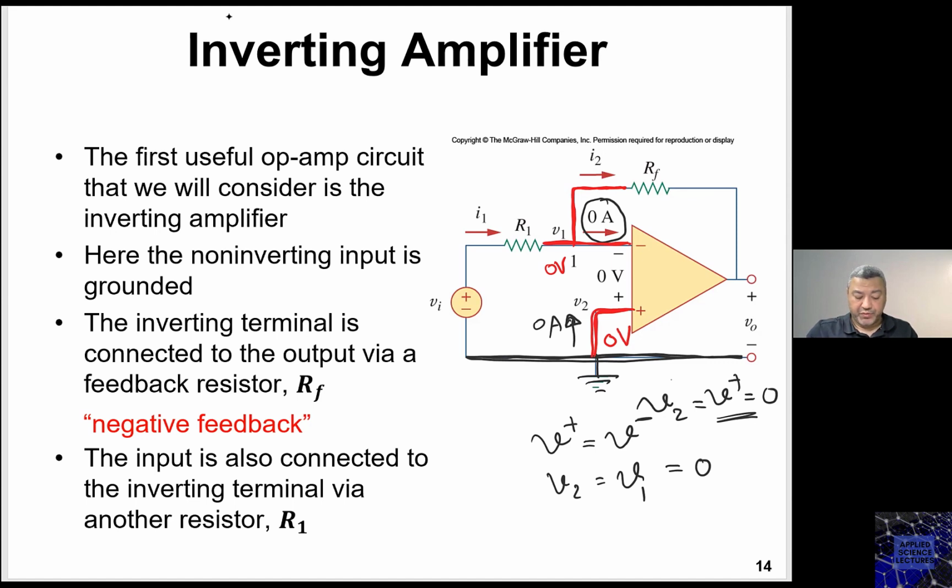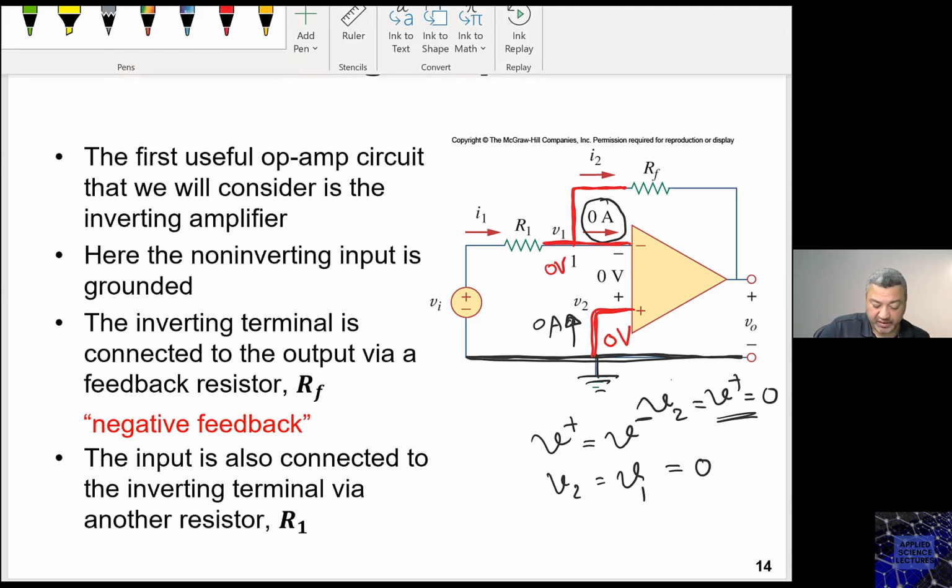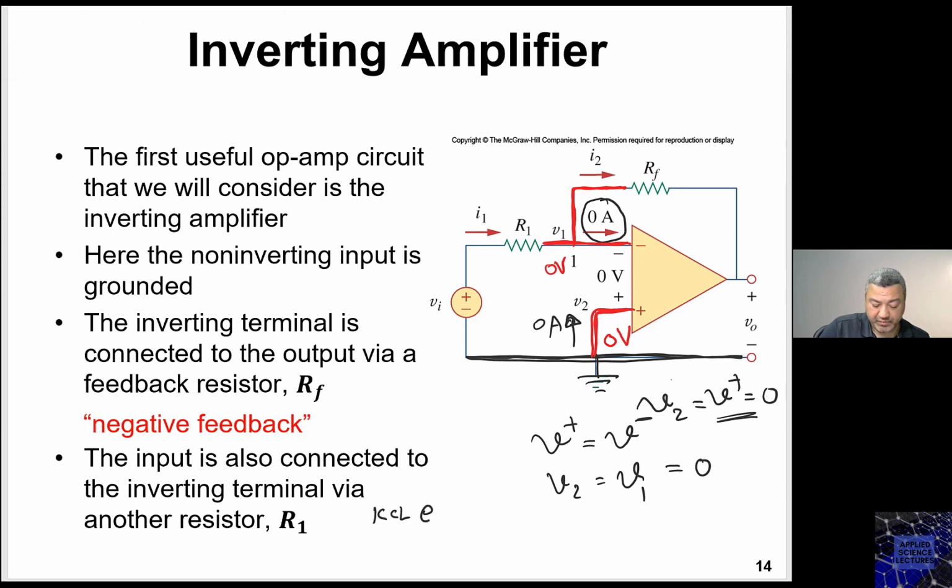So if I am to apply KCL right at node 1, what do I get? I1 is entering, I2 is leaving, equals 0, or I1 equals I2.